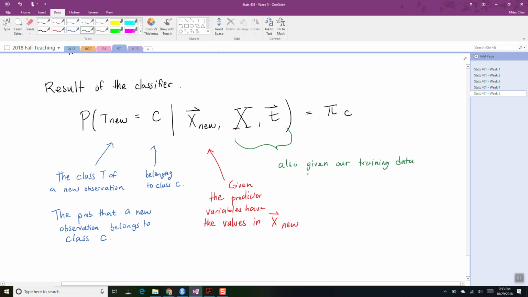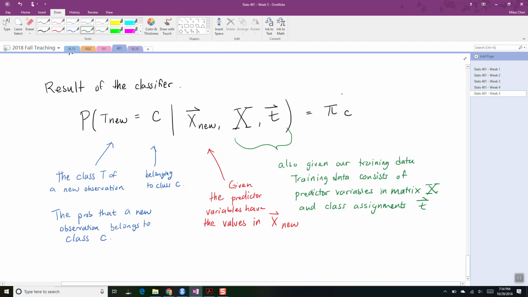The training data consists of predictor variables x in a matrix and class assignments vector t.